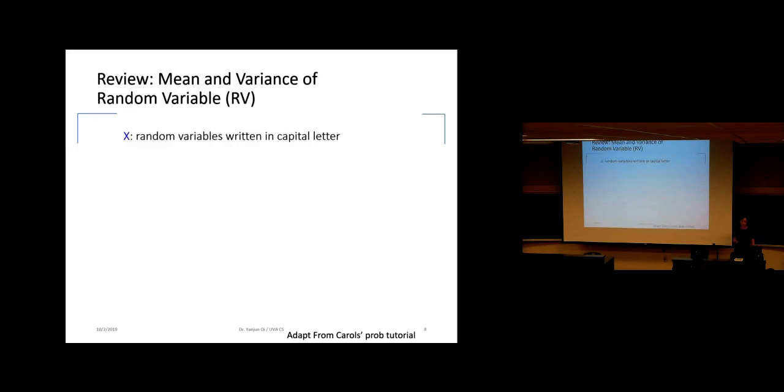For example, we use capital unbolded letters to represent random variables, in this case maybe X. In our setting, in fact, we have the vector X: X1, X2, up to Xp. They are all random variables, and together they are a random vector. And our output Y is also a random variable.